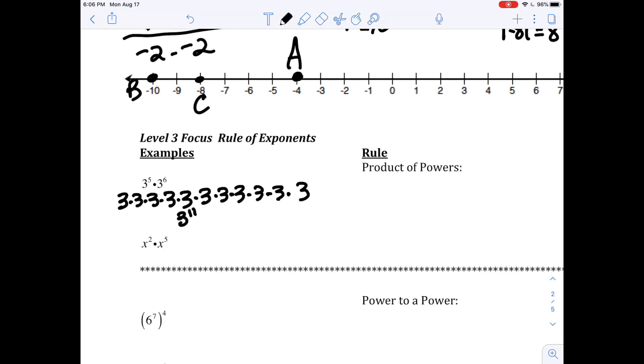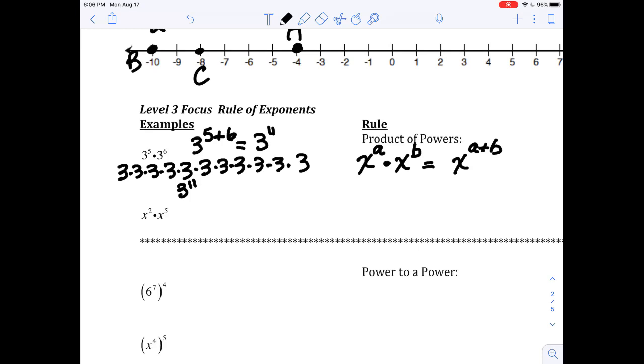And so that shortcut, as we discussed earlier, would be to add those exponents. So that would be 3 to the 5 plus 6, which gives you that 3 to the 11th. And so it's nice to know the shortcut for this rule. And that shortcut is your product of powers. So if you have x raised to the a power times x raised to the b power, your shortcut is going to be to add those exponents.